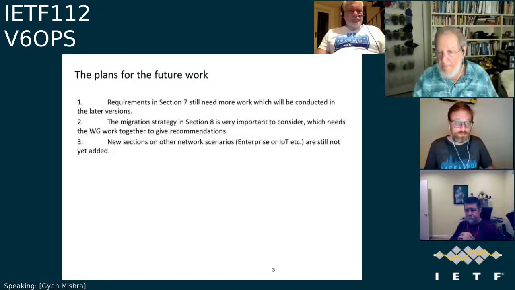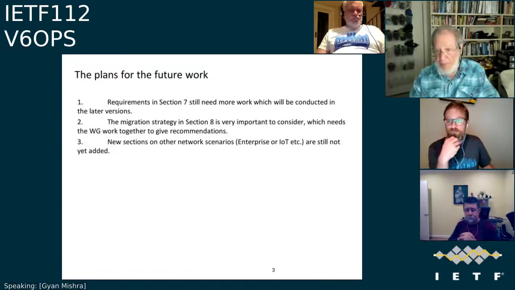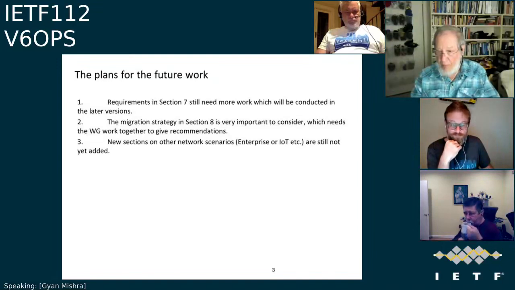The migration strategy in section 8 is an important consideration, and we would like to work with the work group to get recommendations on migration strategies and a path forward to make HBH options viable.